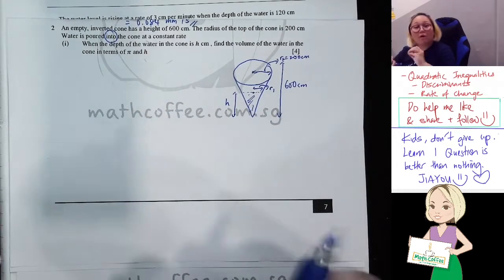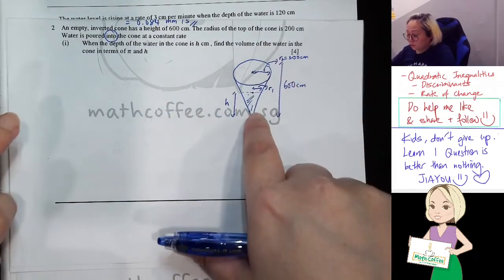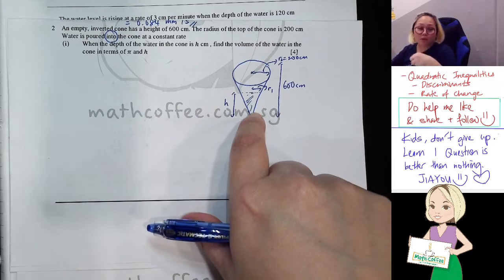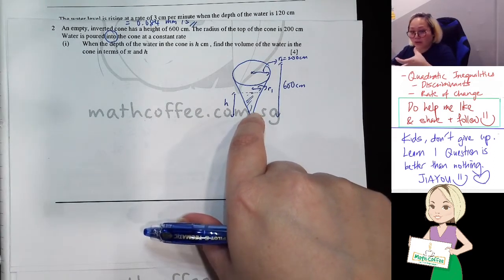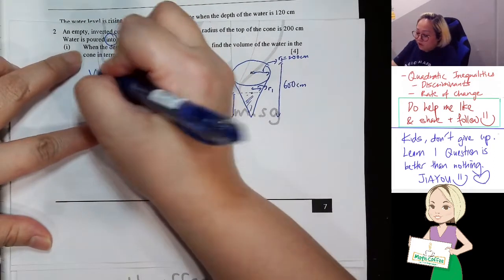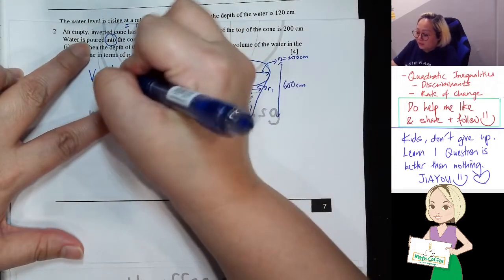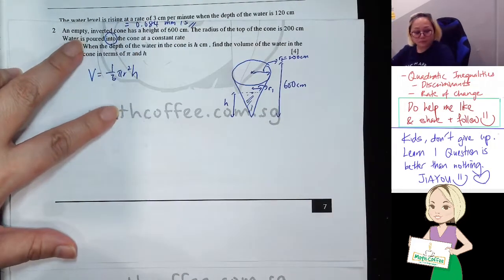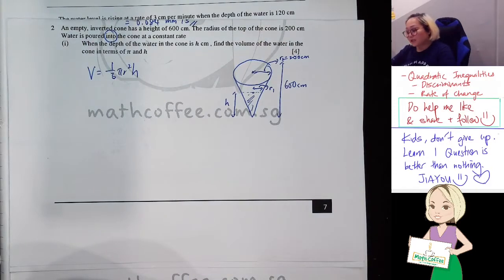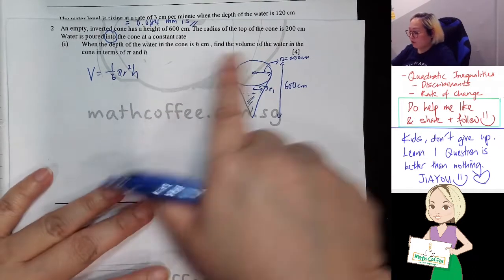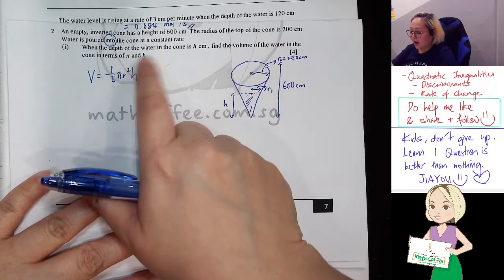So you need to form a formula for the volume of the water. The water will also be in the shape of a cone, right? So volume equals 1/3 pi r squared h. This is the formula for the volume of a cone. But if you notice, the question said volume of water in terms of pi and h.